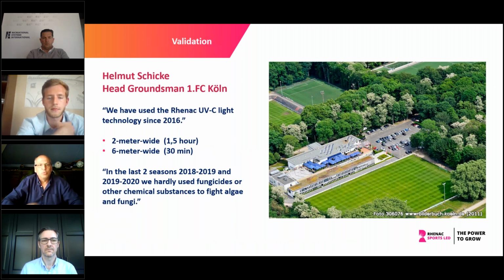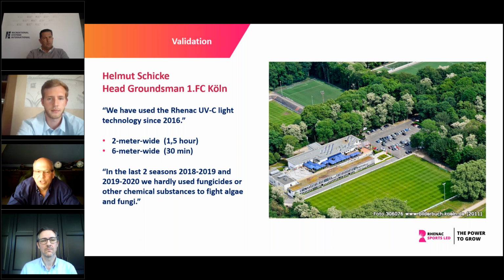As we said, Helmut Schieke, the head groundsman of FC Cologne's training ground, has used the system from 2016 onwards. He started off with a 2-meter machine, later on with a 6-meter machine. As you can see from the aerial picture, his training ground is in a park environment, with a lot of immense trees around the pitches, which gives a lot of shade, but also leaf problems in autumn.